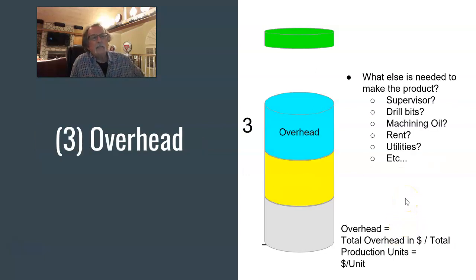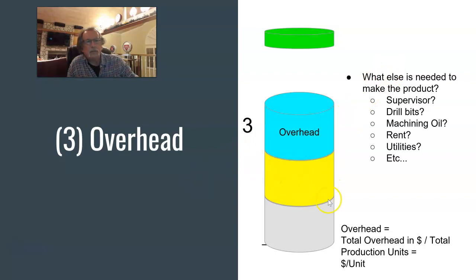And then finally, overhead. And what is overhead? Overhead is not directly related to the cost of production, but you need it. We need to have a building. We need to have electricity and air conditioning. We need to have a supervisor. We need to have consumables. So that's overhead.